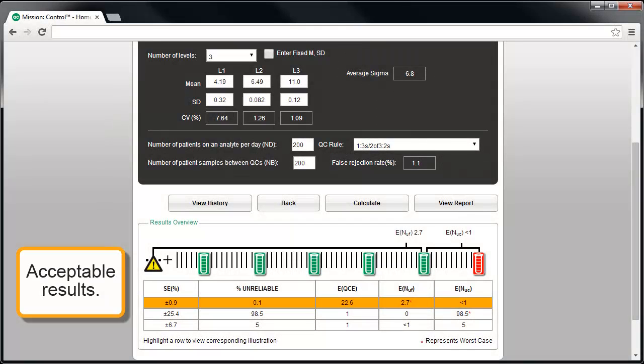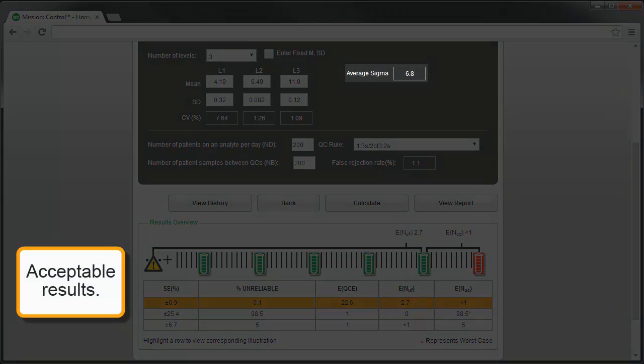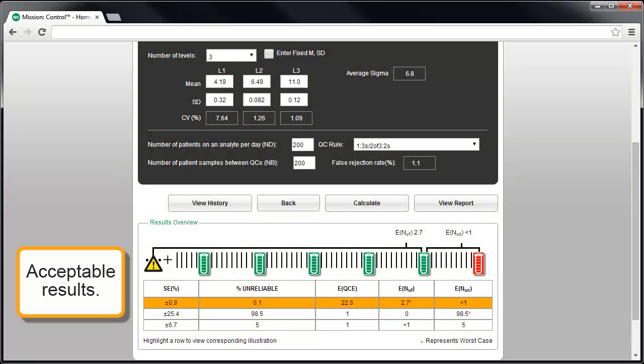An additional benefit is that the sigma metric has increased from 3.2 to 6.8. This is much better performance. We have controlled the risk of reporting incorrect patient results and increased our sigma, and all we did was run a third level on control.